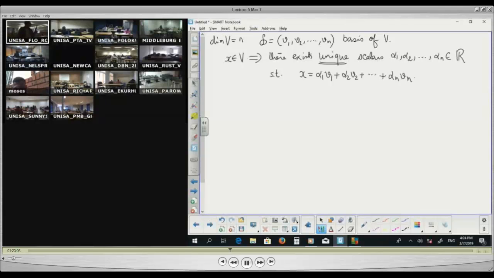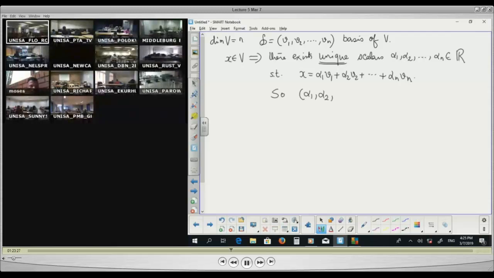This tuple of scalars is a member of Rn, right?